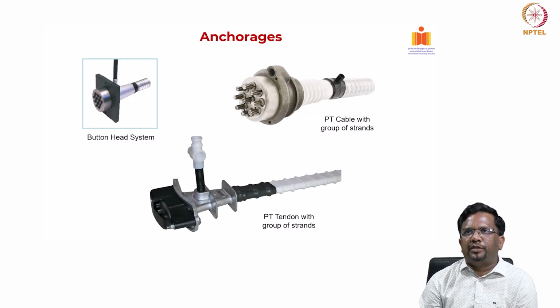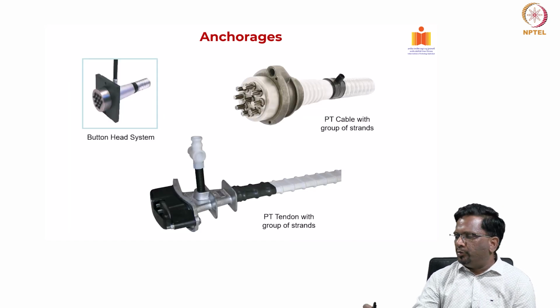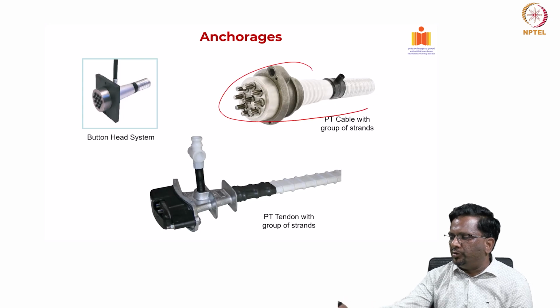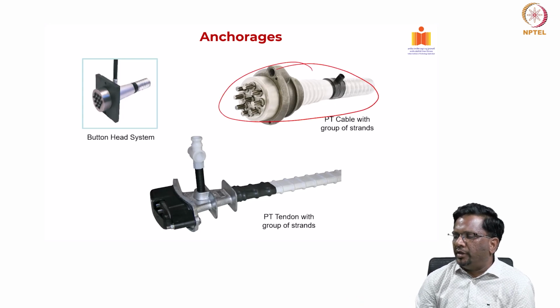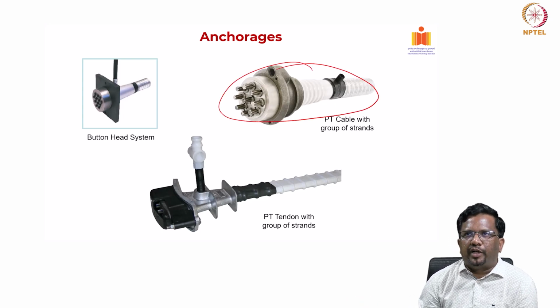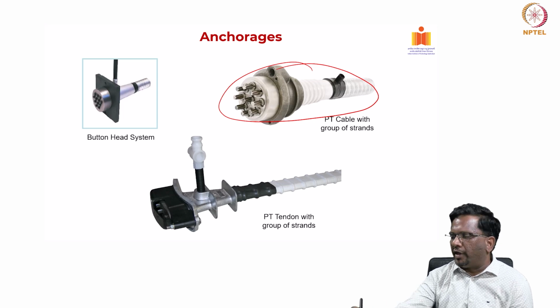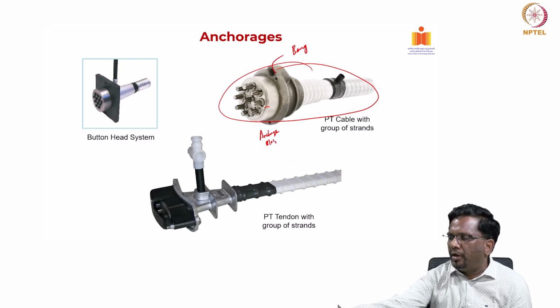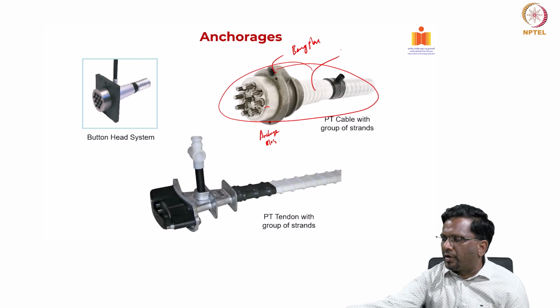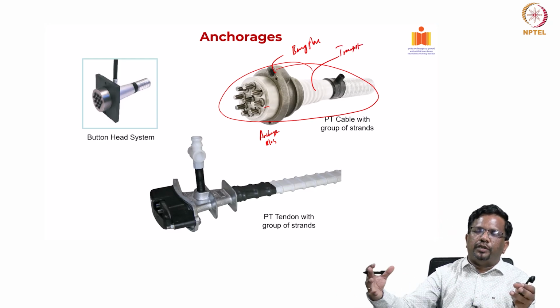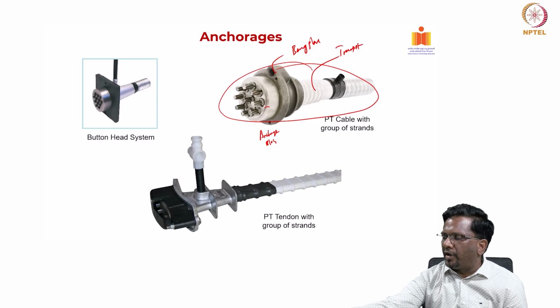Now, anchorages, again varieties of them. This is the most common type of system that is used in bridges. You can see this is a 9 cable strand, and this is an anchorage block, and this is a bearing plate, and this is called a trumpet, which will connect with the sheathing.